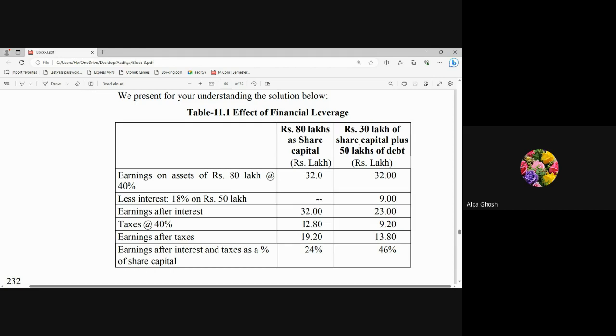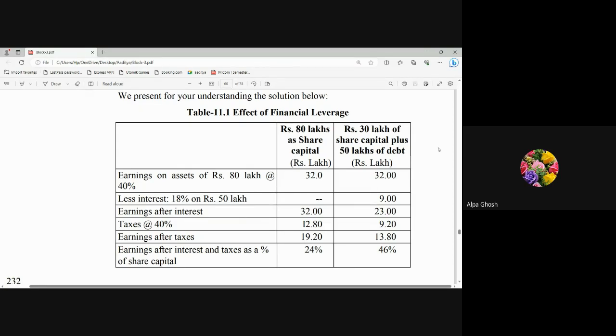The second is rupees 30 lakhs as share capital and 50 lakhs as debt. The first capital structure is designed with 100% share capital, and the second is designed with a debt and equity mix. Share capital is of rupees 30 lakhs only, and 50 lakhs is your debt.